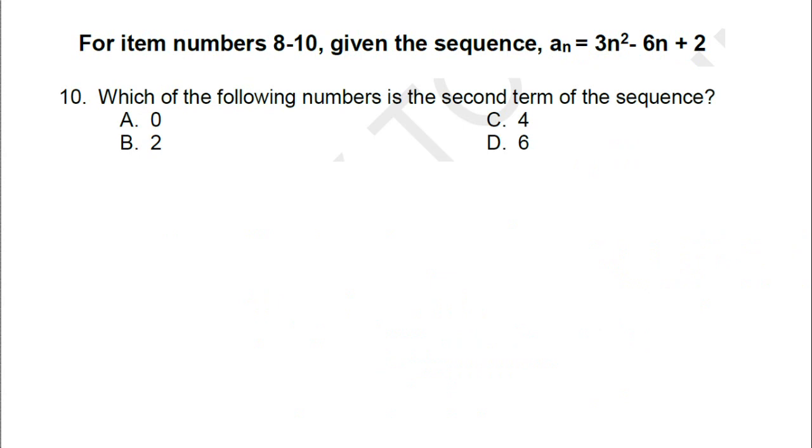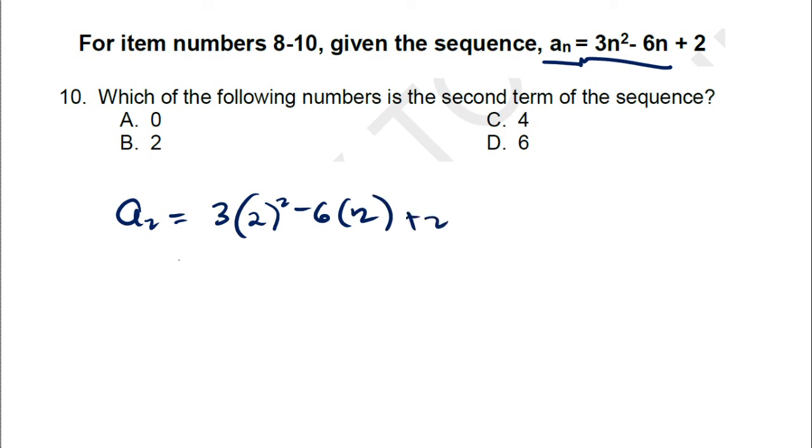Next, the last number. Which of the following numbers is the second term of the sequence? Here's the formula again. We are going to find the second term, meaning a sub 2. So let's substitute the value of 2 in the formula. We get 3 times 2 squared minus 6 times 2 plus 2.